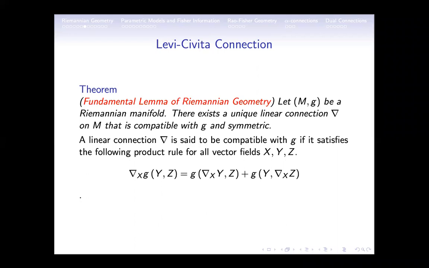Symmetric is also sometimes called torsion free. What we mean by symmetry is that, to be symmetric, we need to satisfy this: nabla of one field along another minus the reverse is equal to the bracket.